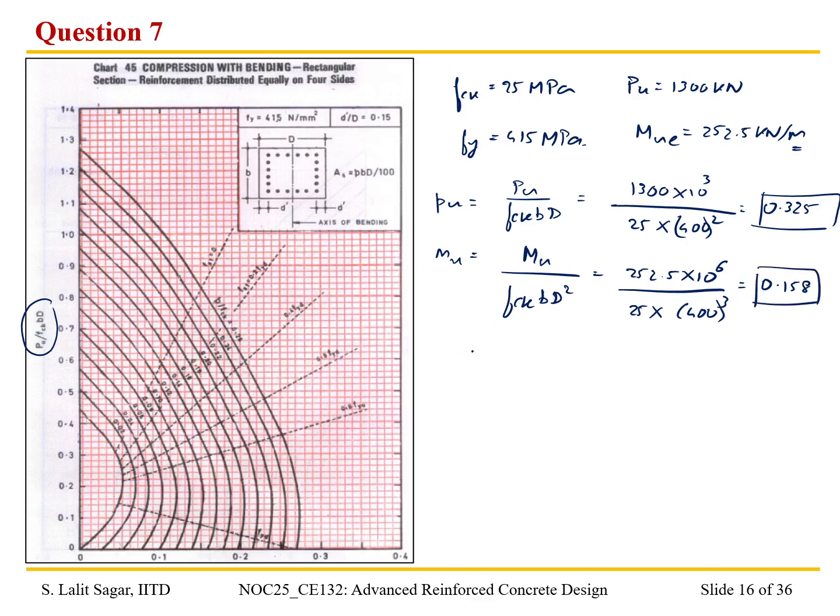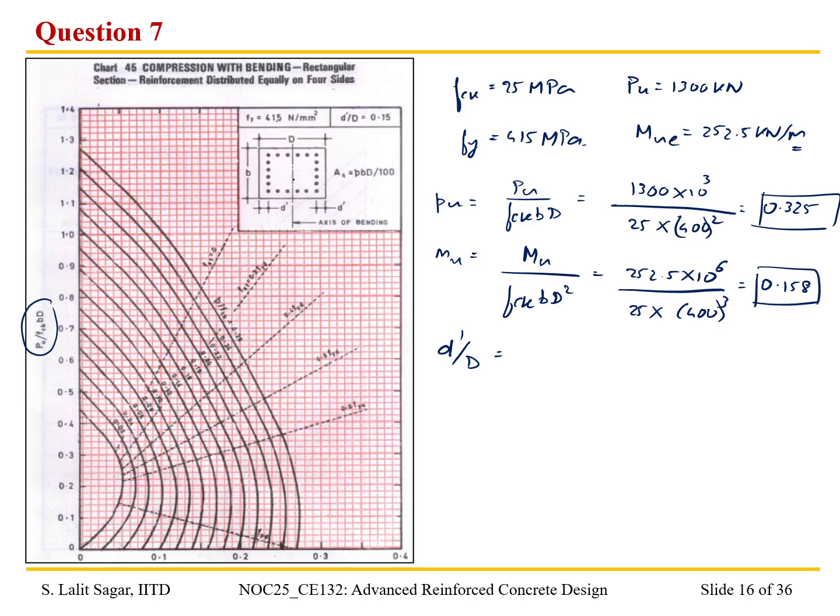Here we need to determine the value of d prime by d. So d prime, as you can see, is the effective cover along the perpendicular to the bending axis that is considered.